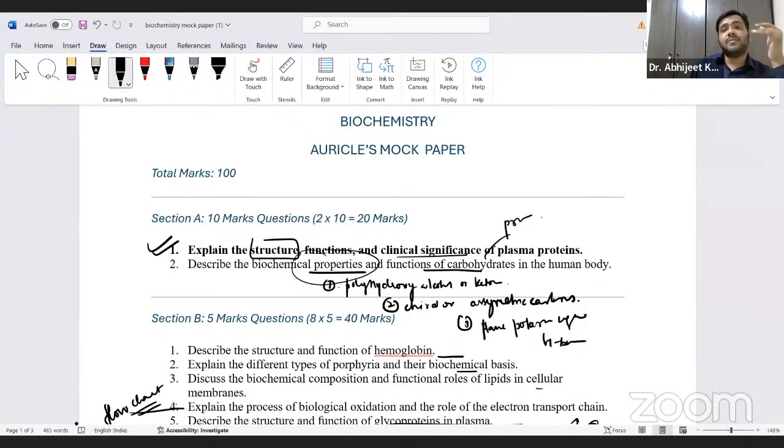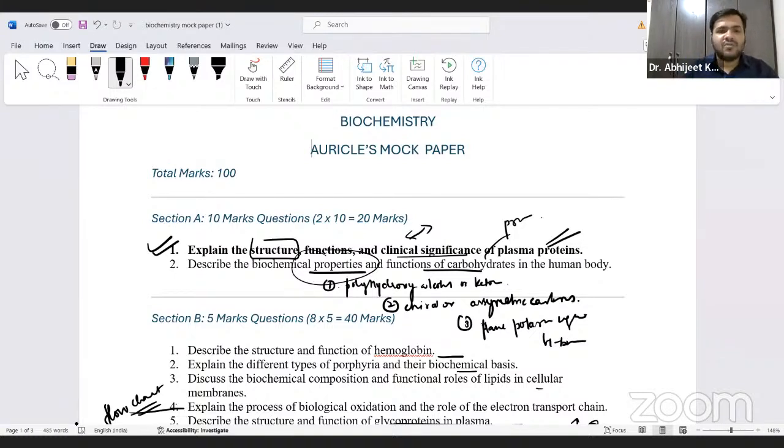If you're talking about the clinical significance of albumin, you have to write about oncotic pressure. For fibrinogen, how it helps in blood clotting is again a clinical significance of the plasma protein. So take one protein and its clinical significance and explain that. Two or three are enough.